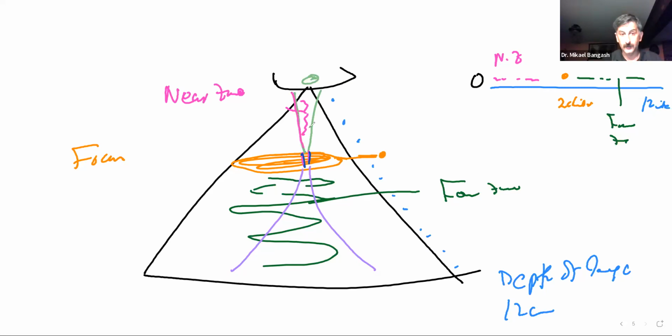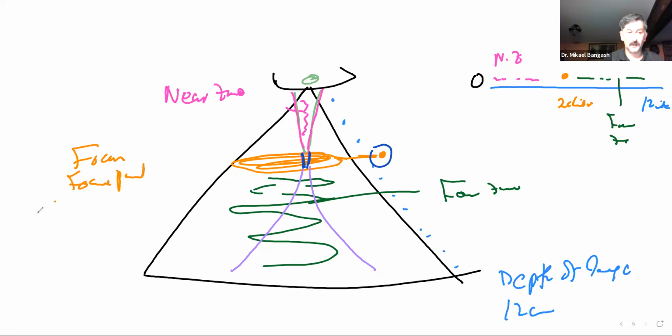The beam converges to reach its narrowest point at the depth at which you had set your focus, which is the focus, or what we also call the focal point.